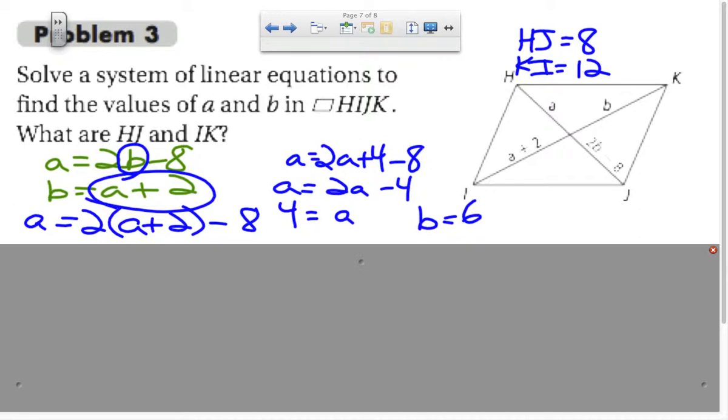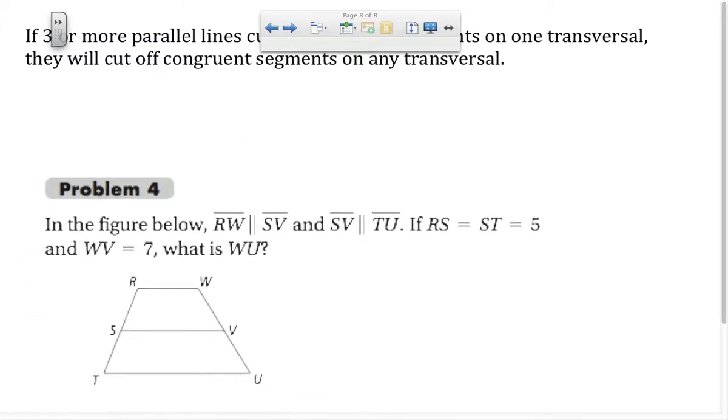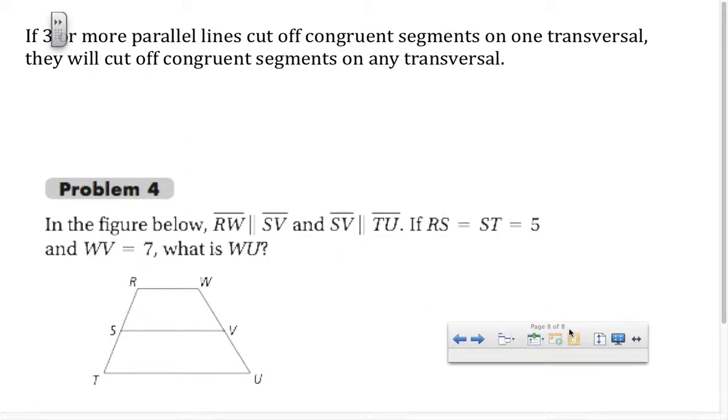Last thing, I have to skip over the your turn. There's one last property, and it's wildly simple. If 3 or more parallel lines are cutting off congruent segments, whoa, that sounds really involved, and I don't see it, Mrs. Clouse, so I can't process it.